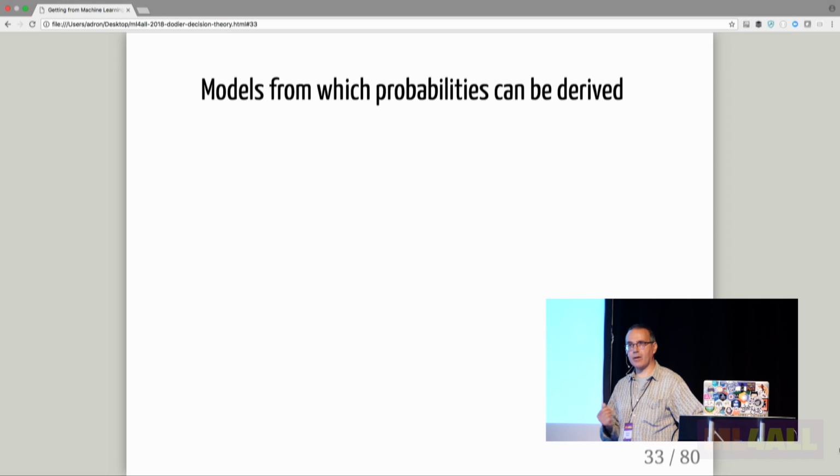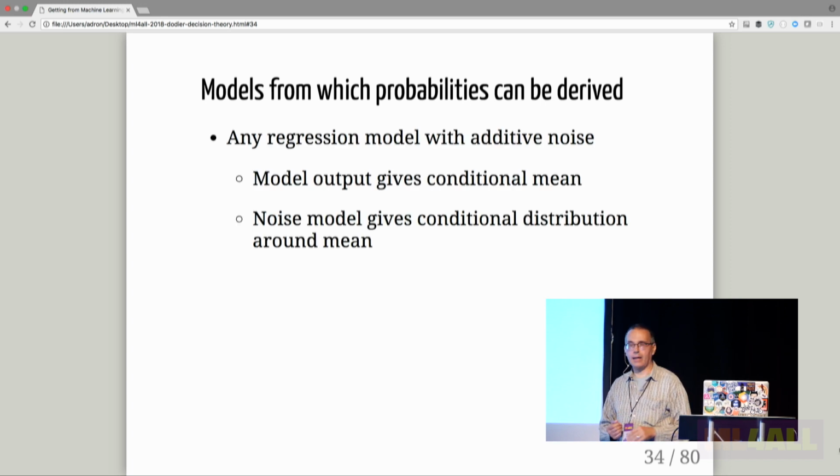And there are important classes of models from which probabilities can easily be derived. I'll just note here any kind of a regression model that has additive noise. That is to say that you think that your output is going to be, you're kind of shooting for the middle of the cloud, and your output function is going to be the smooth part of the function, and the cloud is going to be represented by some variance around that.